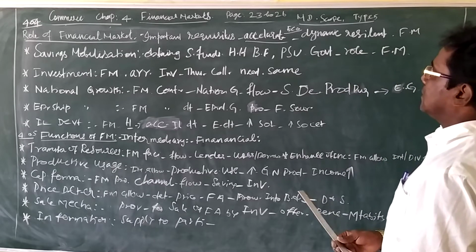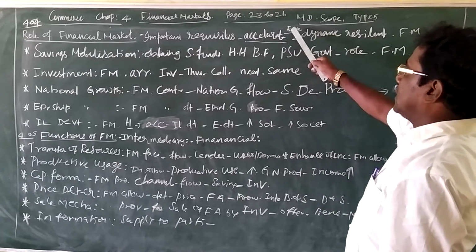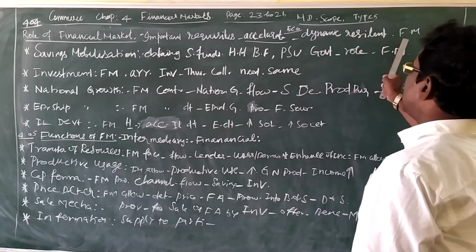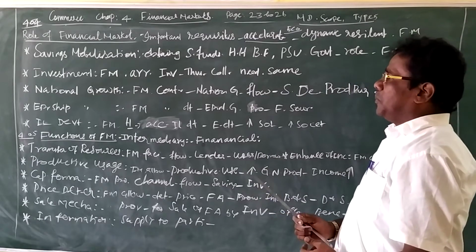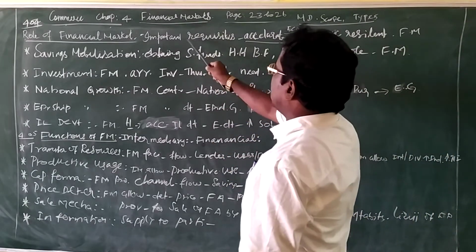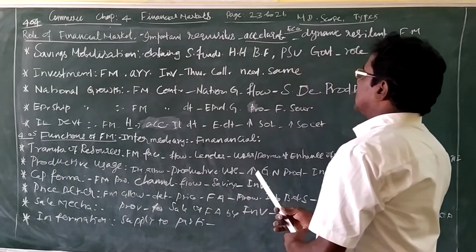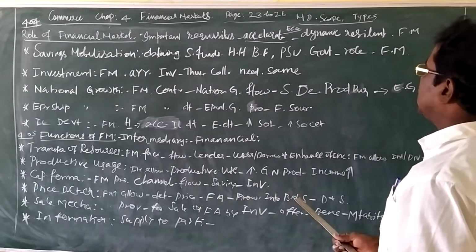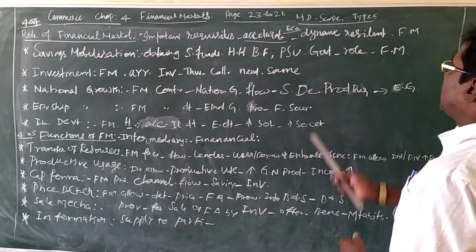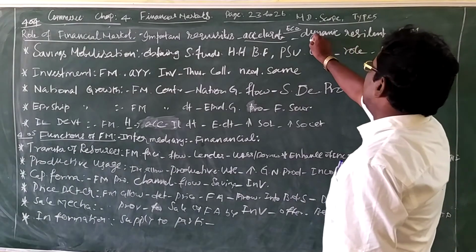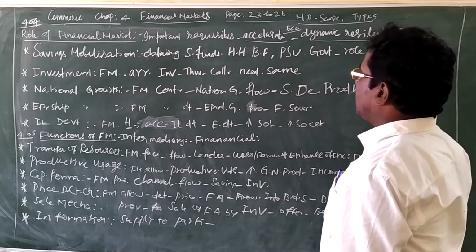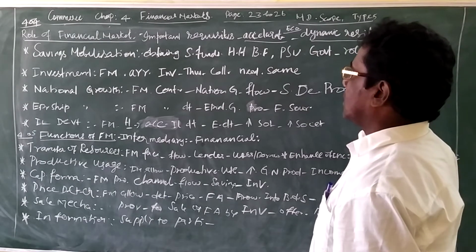The acceleration of economic development depends upon the availability of the financial market, which is one of the important requisites for the acceleration of the development of the economy. So it depends upon the functioning of the financial market. It should be a dynamic and resilient one for the development of the nation.